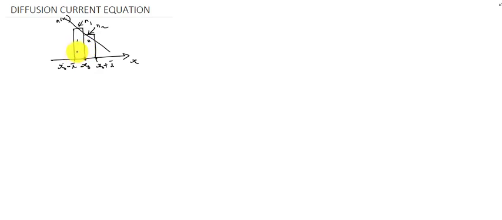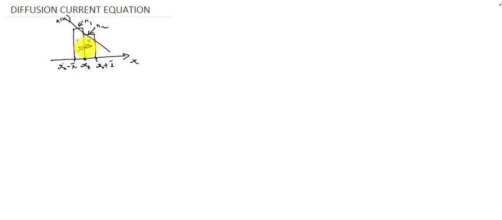In one mean free time, the mean free time and mean free length being related to collision, half of the electrons in segment 1 will cross x0 and move into segment 2. We know that the spreading is uniform, so it will move on both sides.